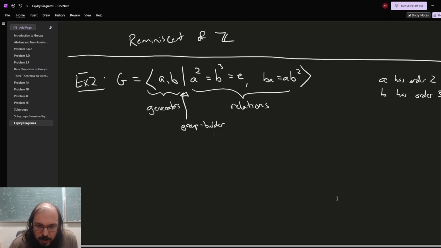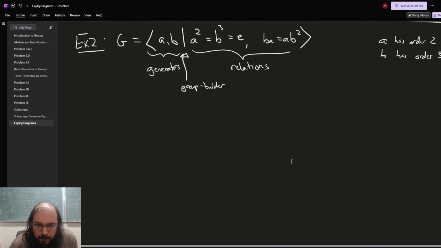Okay, so now let's try to make a Cayley diagram for this group. Like I said, I've tried this a couple times and I think I've figured out the best way to do this, but I didn't know until after I'd messed around and gotten some bad diagrams a few times. The first thing that stood out to me is that because I have this order 3 generator, b cubed, I'm probably wise to start with a triangle.